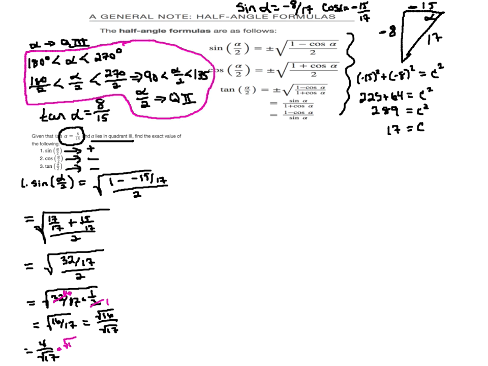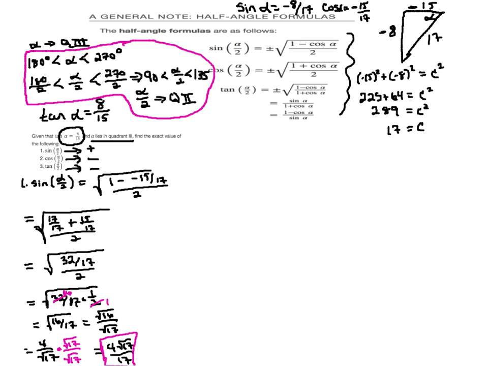I need to rationalize it, so multiply by the square root of 17 over the square root of 17. And my final answer here is 4 square root 17 over 17. That is sine of alpha over 2, and it's positive because sine is positive in the second quadrant. All right.